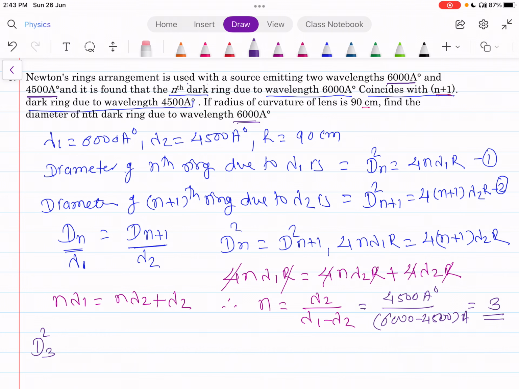Diameter square of the third ring is equal to 4 into n into lambda 1 into r, which is equal to 4 into n is 3, lambda 1 is 6000 angstrom.